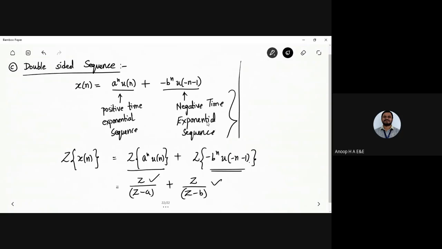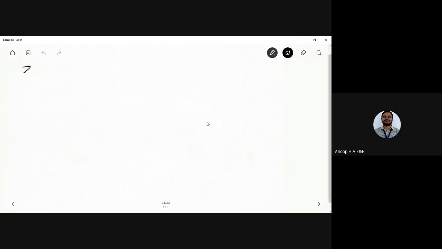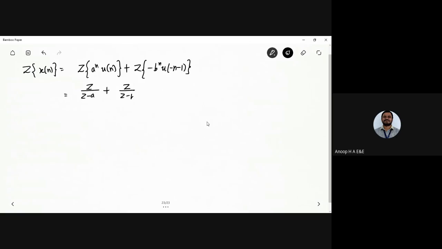Now the next one is the region of convergence. For Z of x of n, I have the Z transform of a power n u of n plus the Z transform of minus b power n u of minus n minus 1, so you have Z divided by Z minus a plus Z divided by Z minus b.